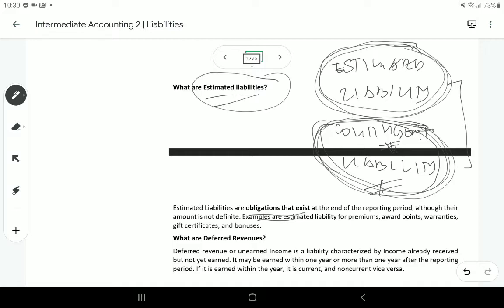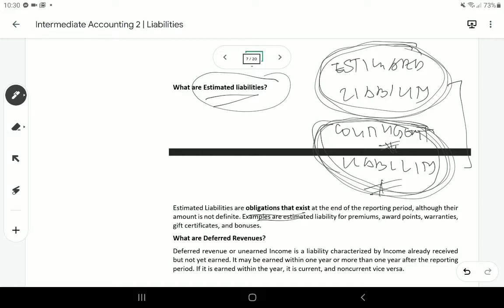Okay? Depends on the probability of the event. If the event is highly probable, okay? If the event is highly probable, then conservatism dictates that we should report it.